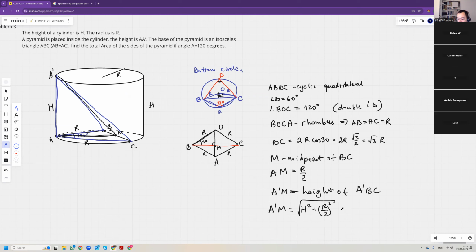So that's the square root of H squared plus R squared over 4.